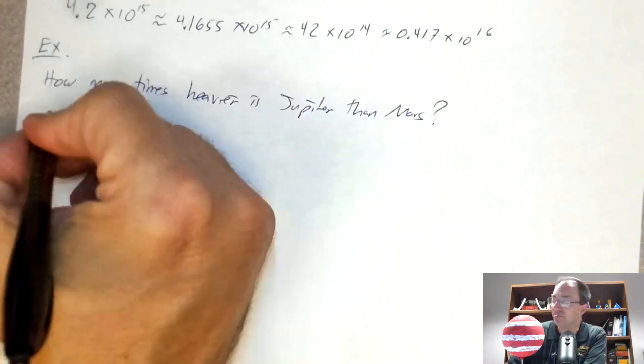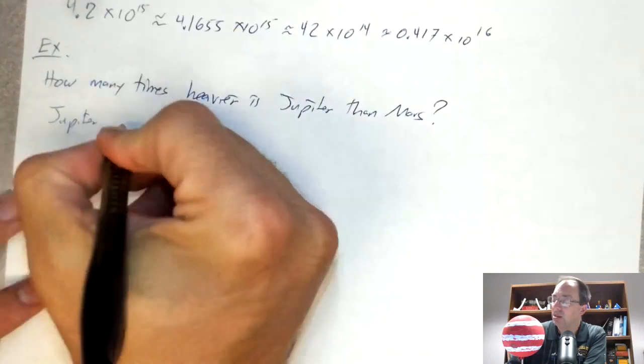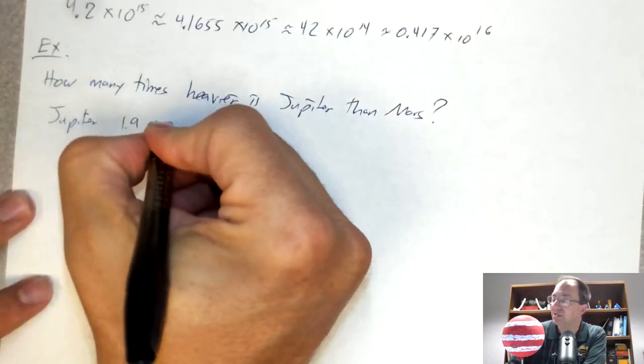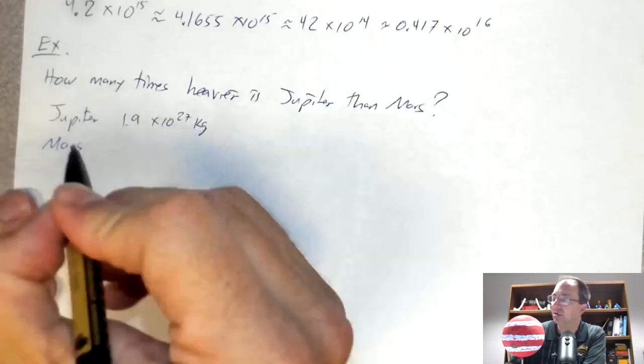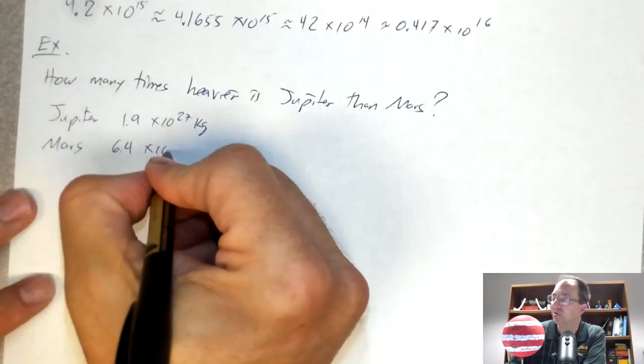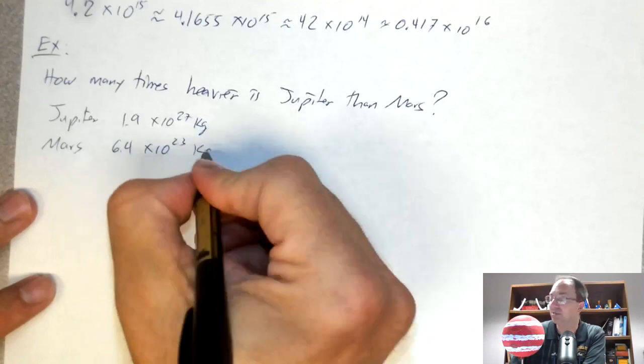So it turns out that Jupiter is about 1.9 times 10 to the 27th kilograms, and Mars is about 6.4 times 10 to the 23rd kilograms.